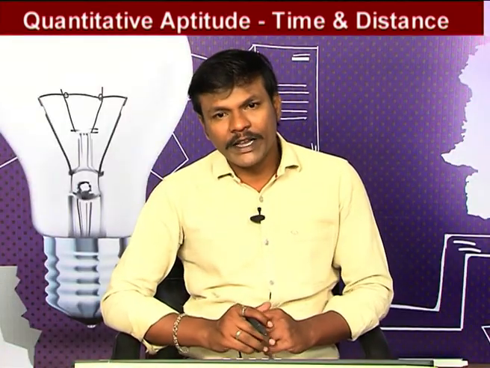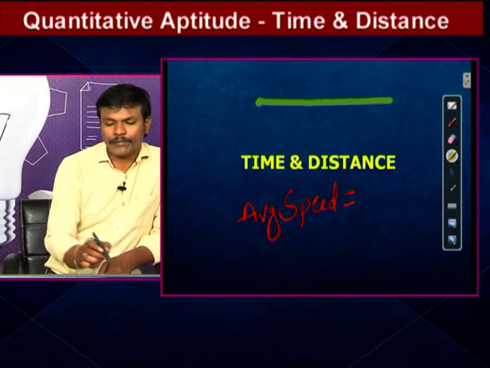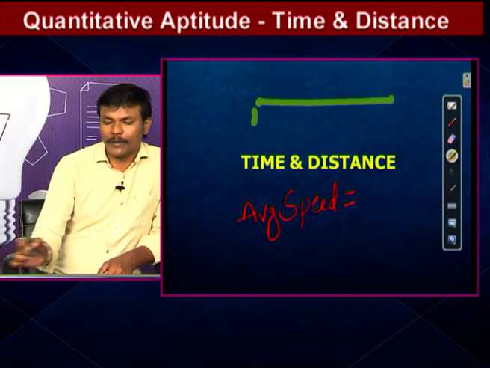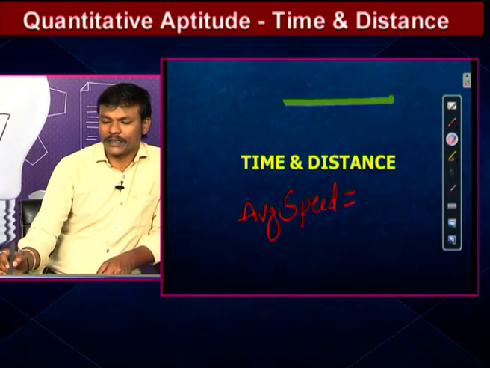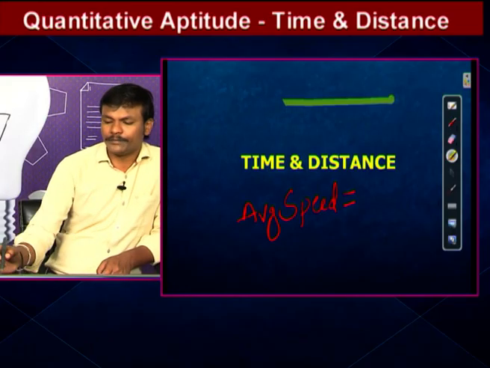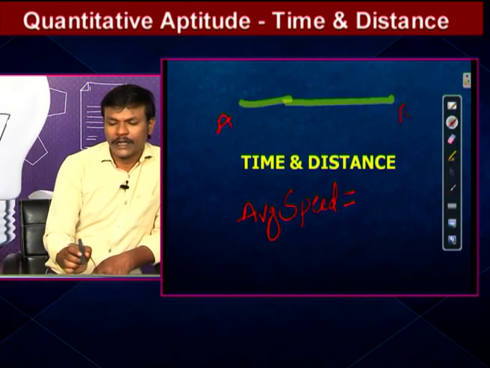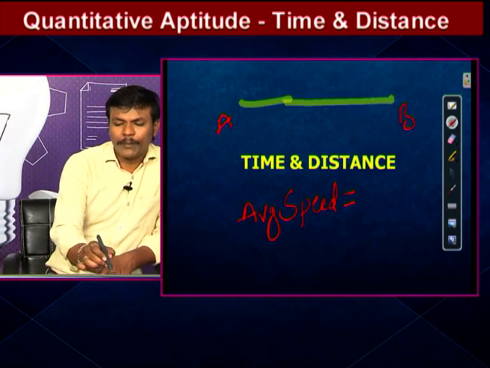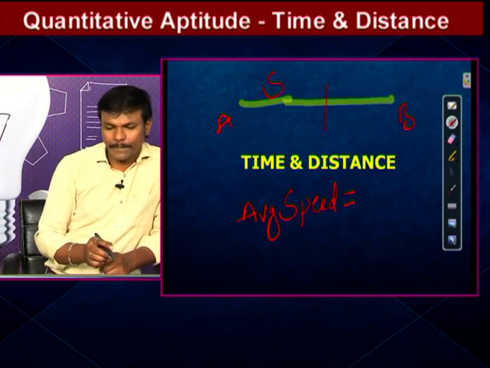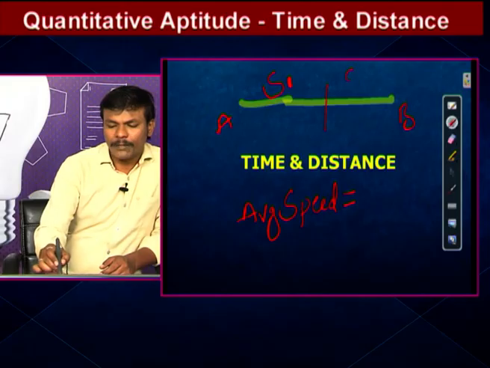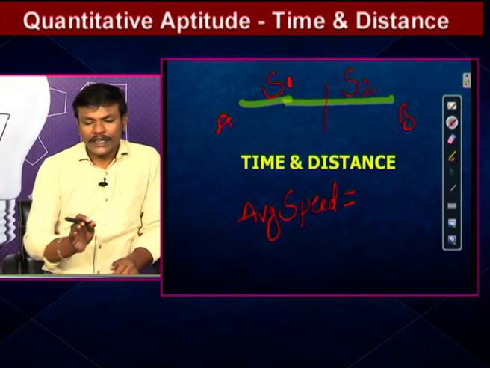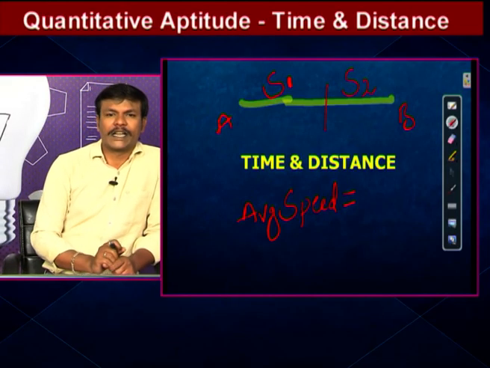When we apply the average speed concept, if a person travelled from A to B, the half of the distance is completed with the speed of S1, and the remaining half of the distance is completed with the speed of S2. What is the overall average speed for the whole distance AB?